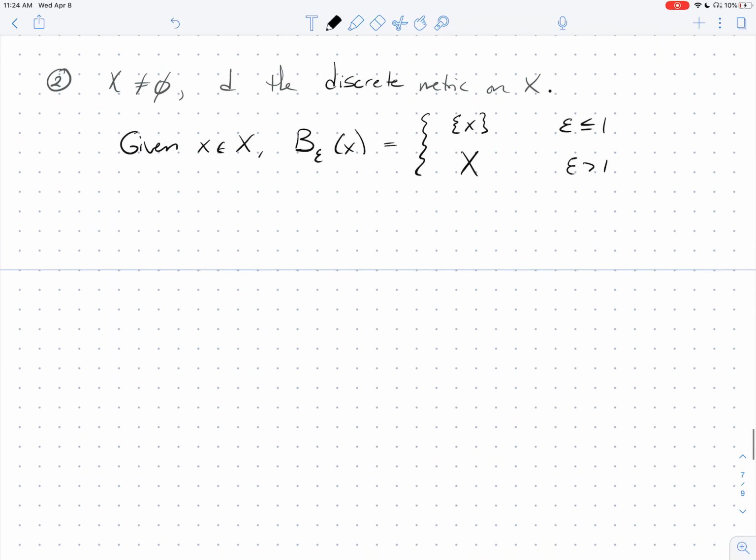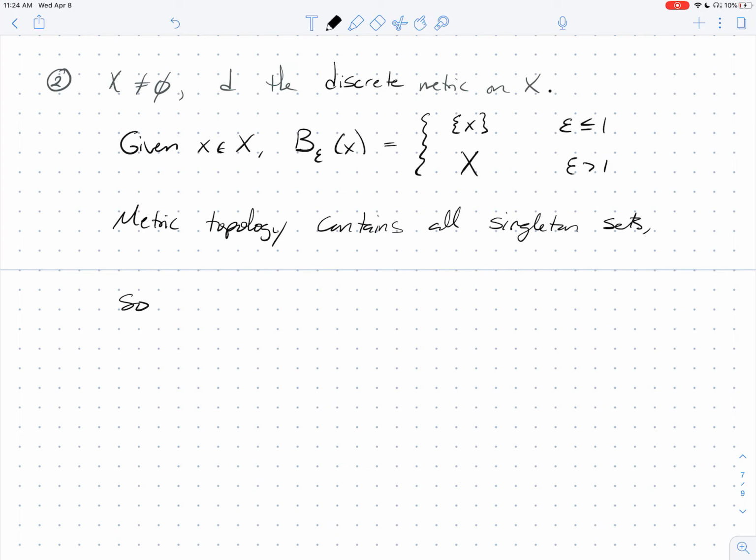So let's think how we want to say that. The metric topology is going to contain all singleton sets.